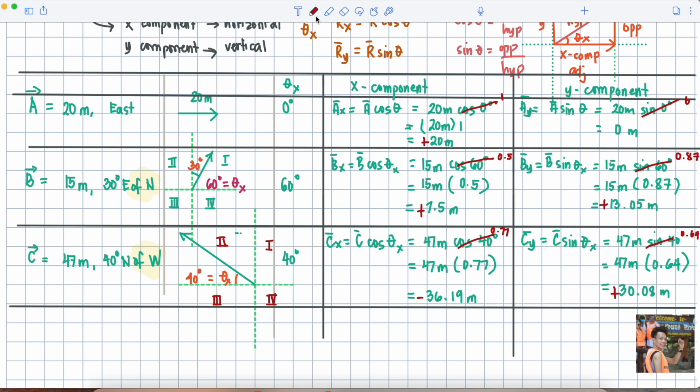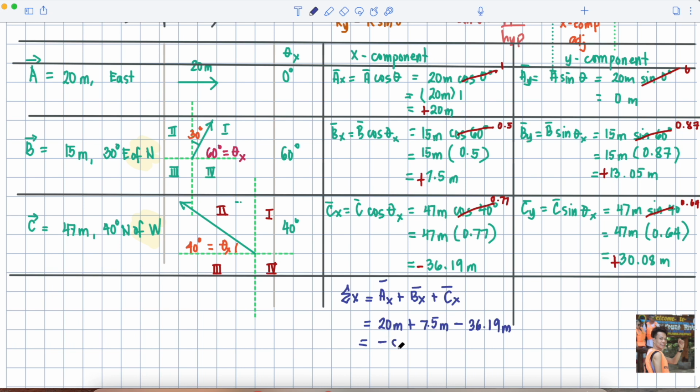To compute the resultant of the vector, let's first get the algebraic sum of the x components and the y components. Summation of x is equal to ax plus bx plus cx. 20 meters plus 7.5 meters minus 36.19 meters.